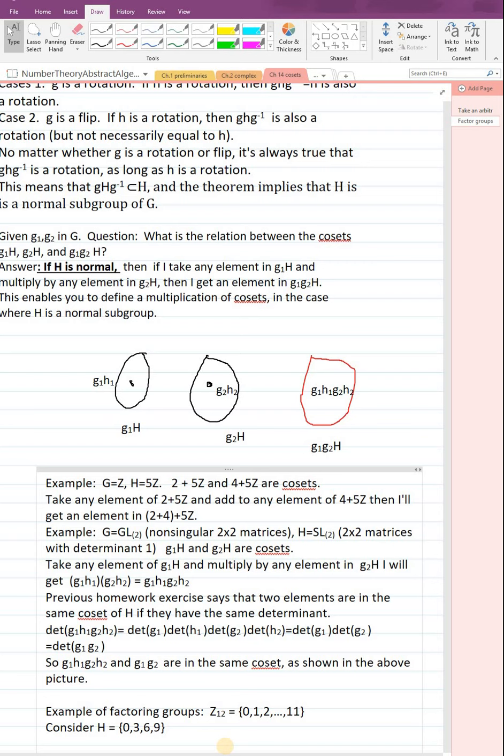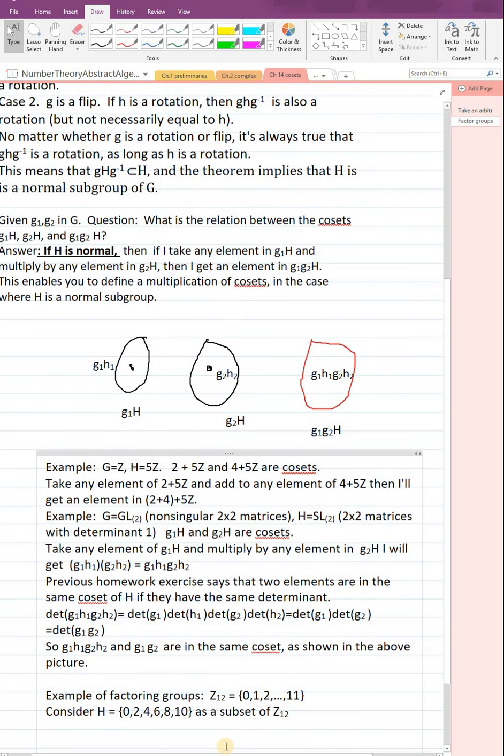Let me consider H as 0, 2, 4, 6, 8, 10, as a subset of Z12. I claim that H is a subgroup of Z12.